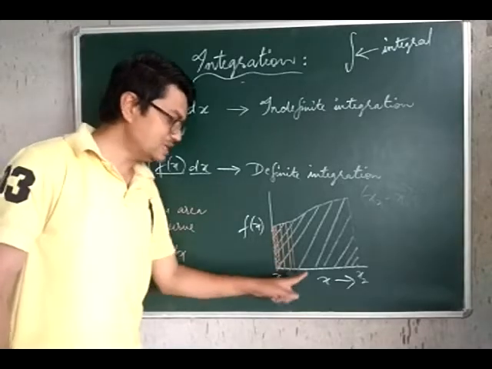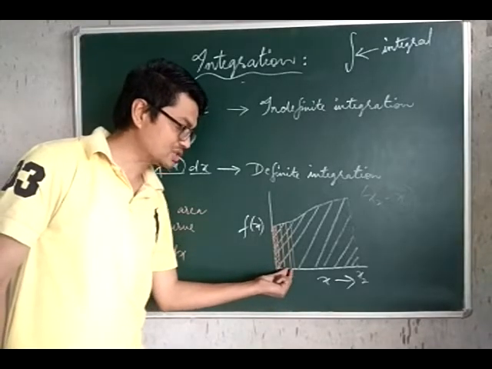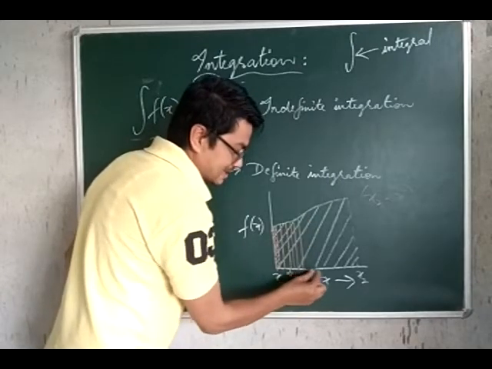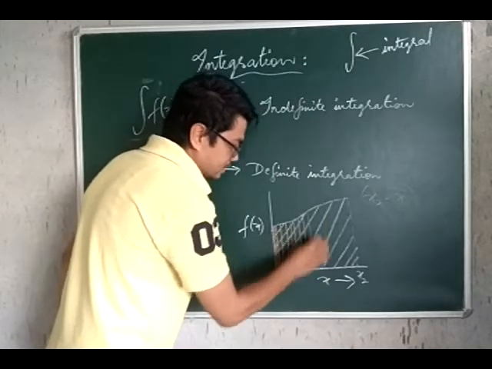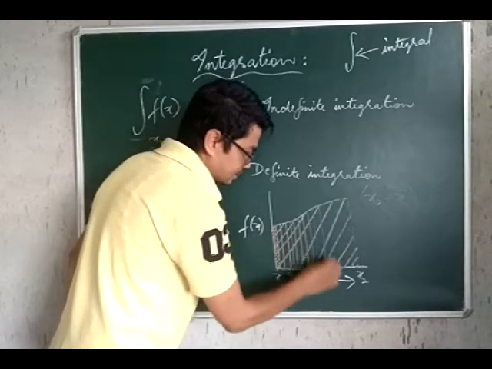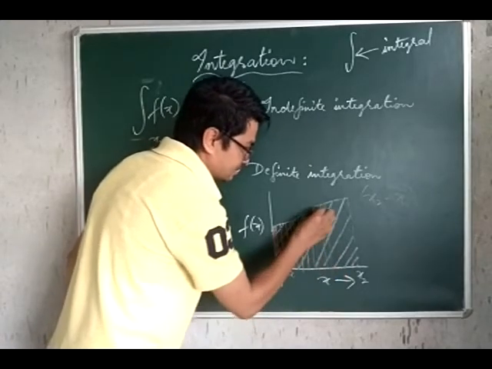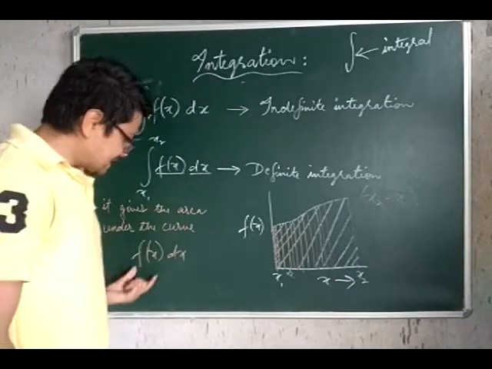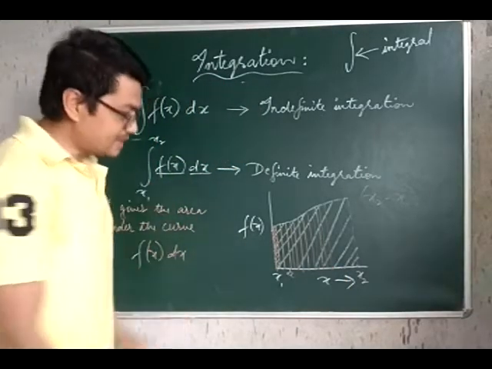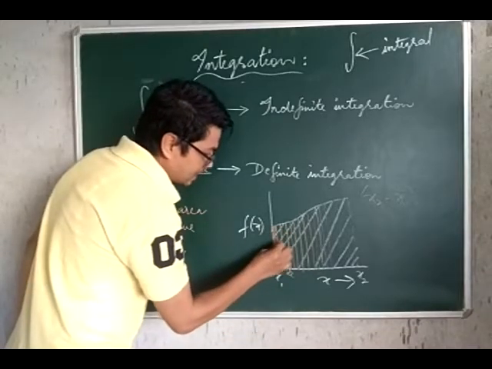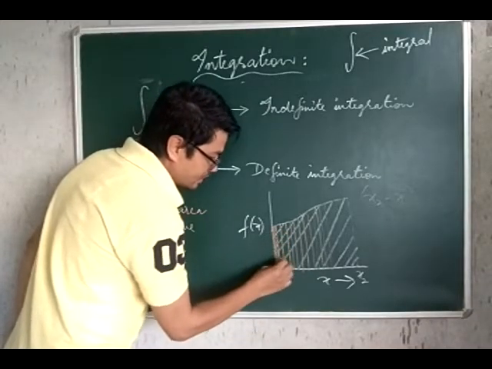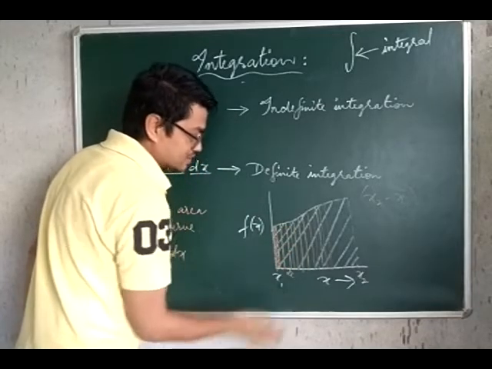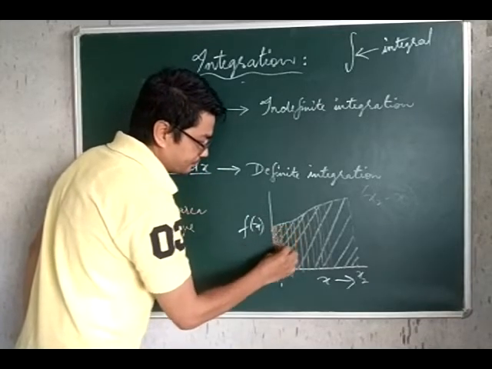Every interval is dx, remember, and we are going on dividing it into small dx's along the x-axis. So f of x into dx gives us the area of this small strip. Another f of x into dx will be this strip.